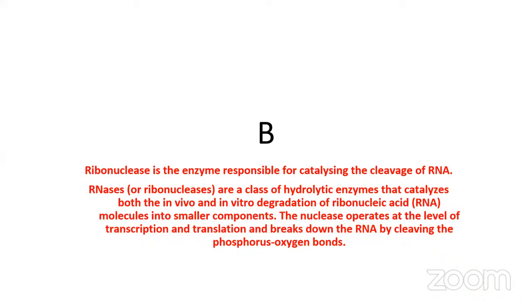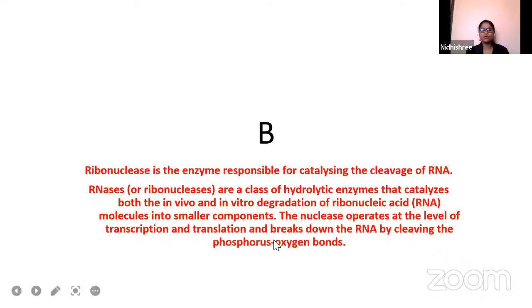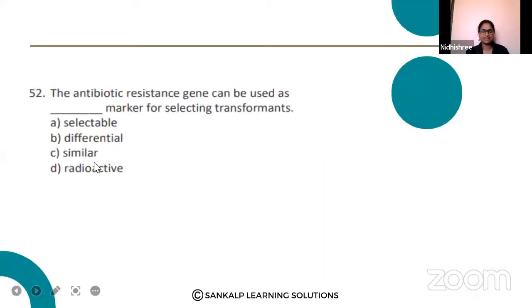The nuclease operates at the level of transcription and translation and breaks down the RNA by cleaving the phosphorus oxygen bonds. Great. So the ribonucleases cleave phosphorus and oxygen bonds. Option B is the right answer.